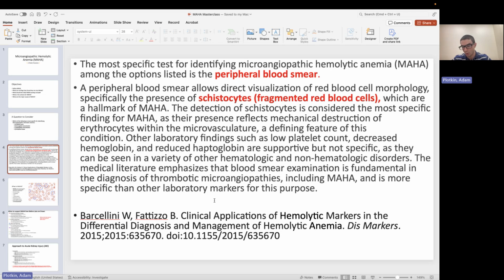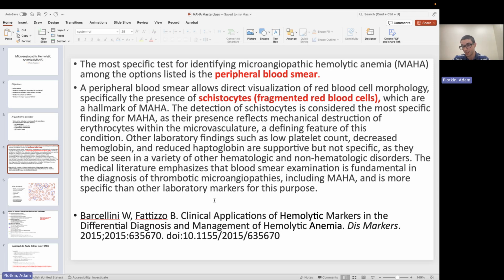When we think about acquired causes, we could have many different ones. There are autoimmune or immunological causes, autoimmune and alloimmune. PNH I would consider an autoimmune cause as well. We could also think about toxic causes, like lead, arsenic, and copper toxicity, which can all cause hemolytic anemia.